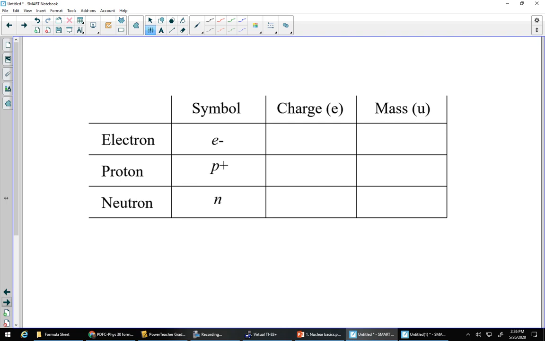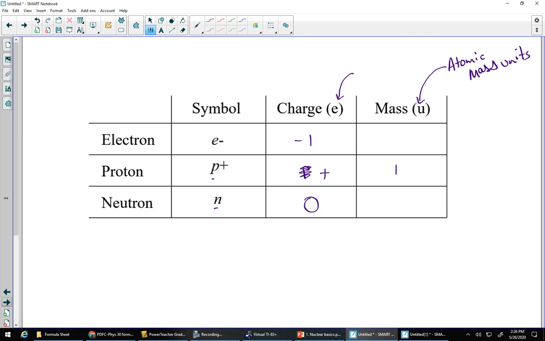Electrons, we know their symbols. Protons, their symbols. Neutrons, just an N for its symbol, so no problem there. Their charge in terms of the elementary charge, an electron is -1. A proton is, that's a P for proton, +1, and a neutron has no charge. The mass, and this is a new thing, this u is atomic mass units. 1 atomic mass unit is the mass of 1 proton or 1 neutron.